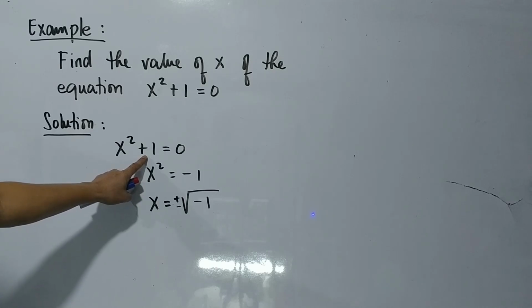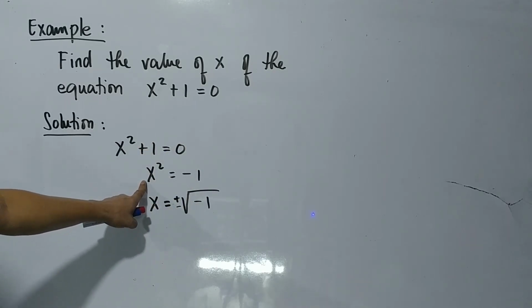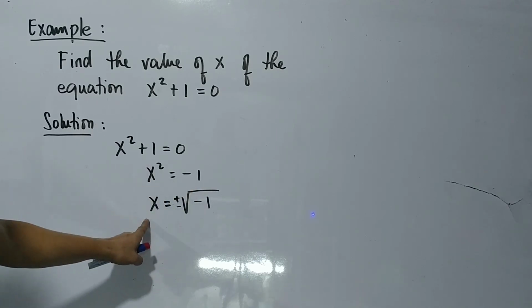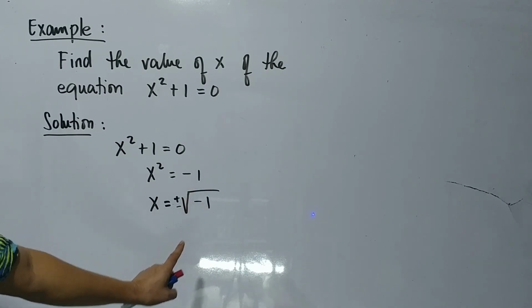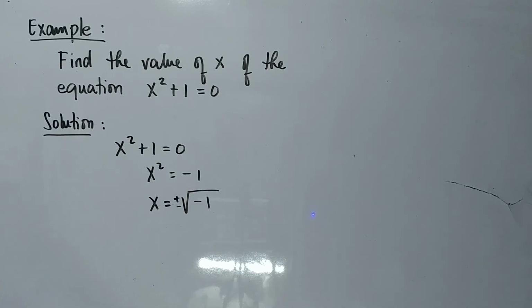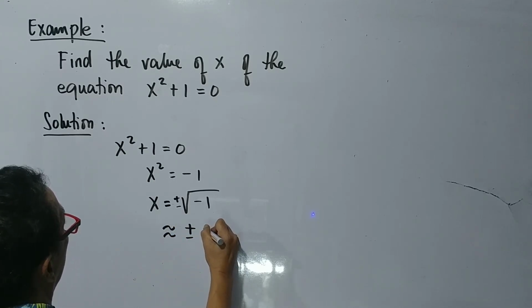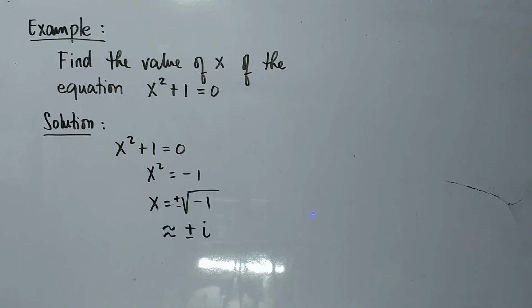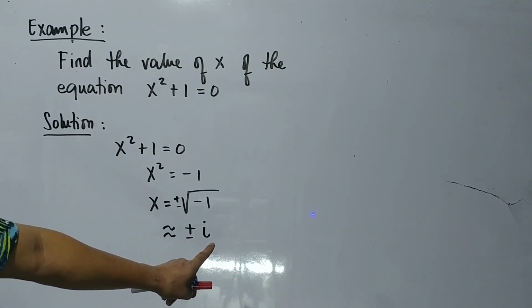You transpose this 1 to the other side, you have now the negative 1. So you have now x squared equals negative 1. Take the square root. So your x now is equal to plus or minus the square root of negative 1, or we have now x equals plus or minus i.